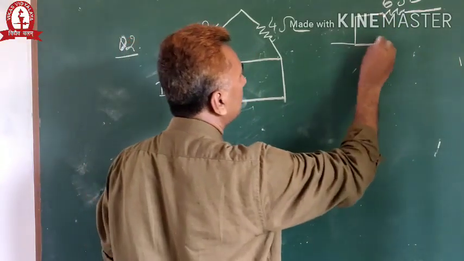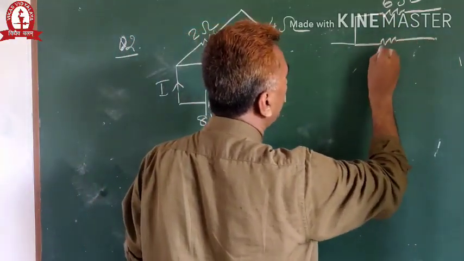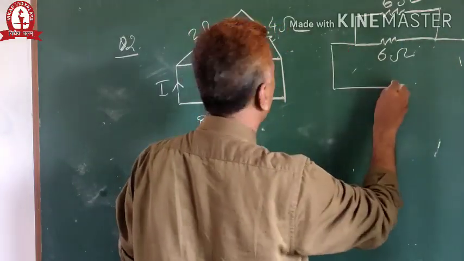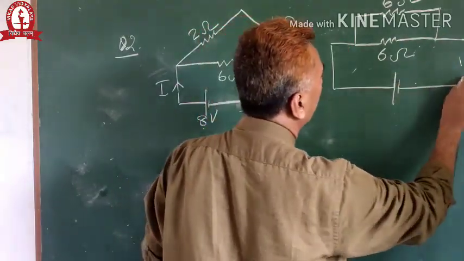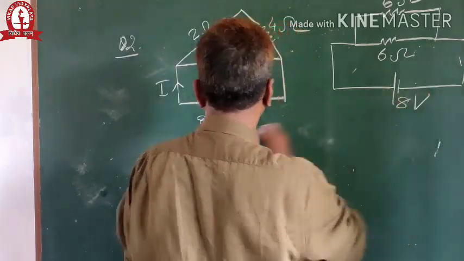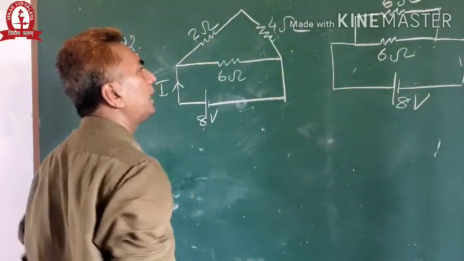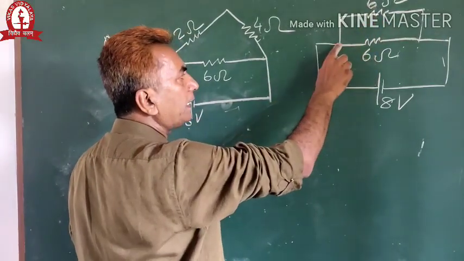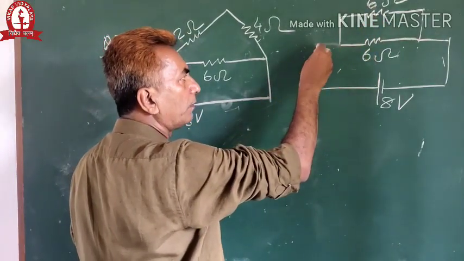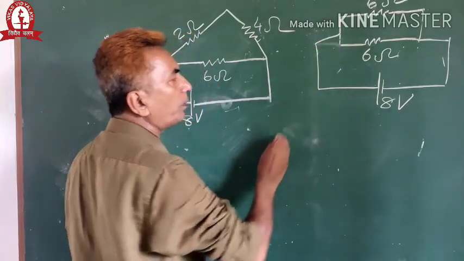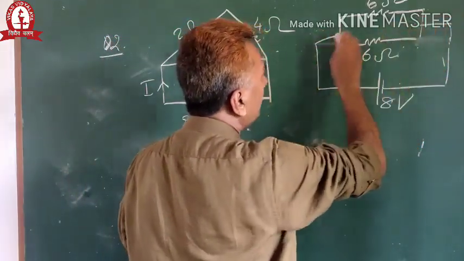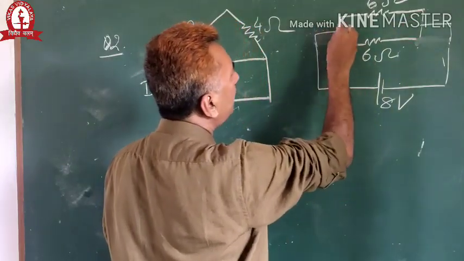And now see here, this is also 6 ohm. And now this is connected to the battery of 8 volt. Just drawing the figure, the thing would be clear, nothing to write. I can just replace this point like this, no problem, the thing is the same. Now the thing is quite clear, more clear than that figure.